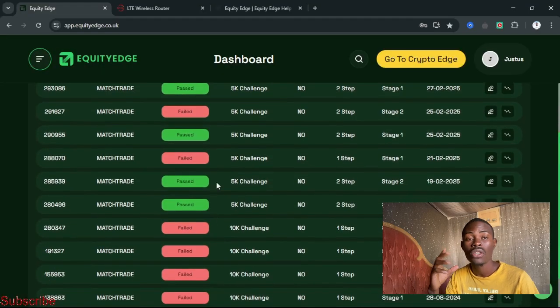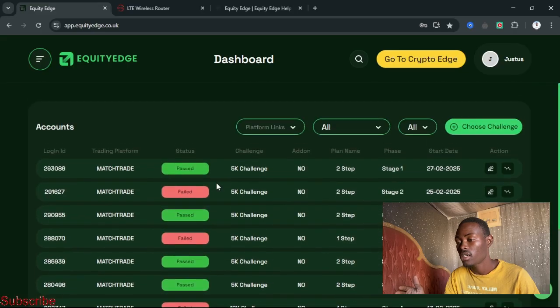It's just because of that 2-minute rule. I was placing like 5 trades within a minute, and trading during the high impact news. I was breaching my accounts just because I never checked the rules.